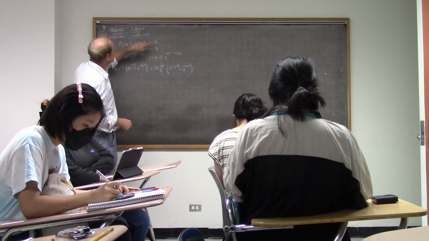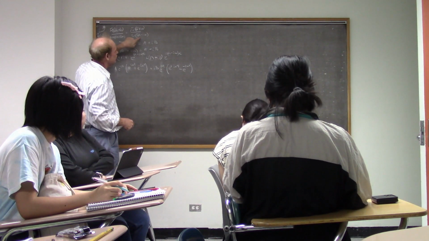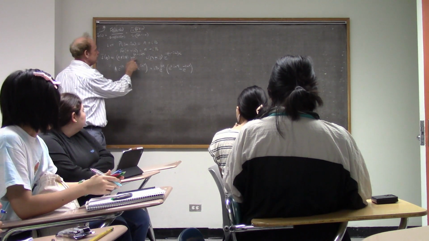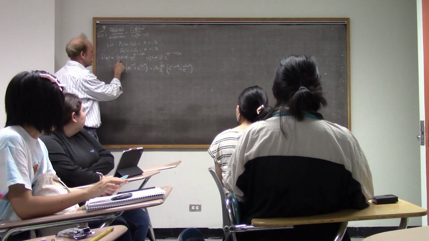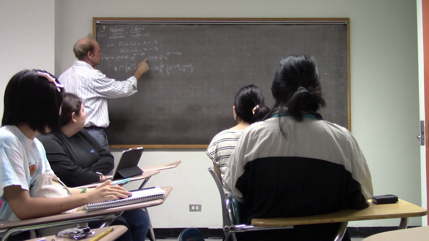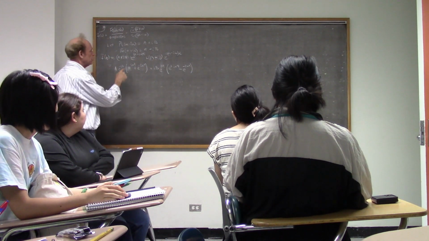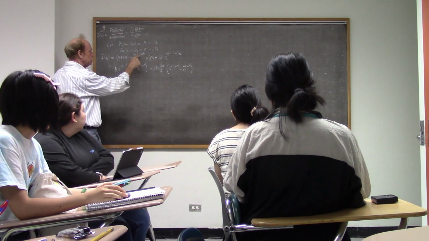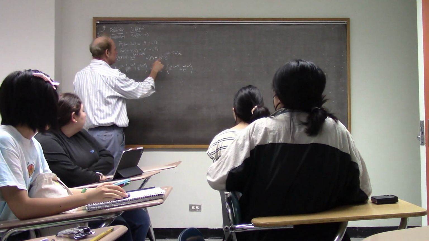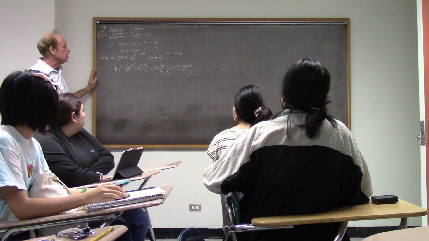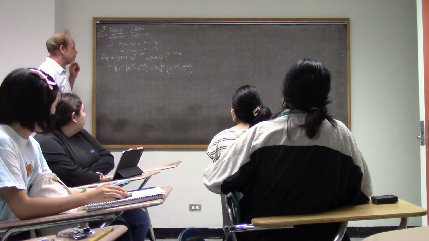And that times the exponential e to the alpha minus i omega times t. And now I factor out e to the alpha t from both of these. And here I have a times e to the i omega t plus a times e to the minus i omega t. And I have b times e to the i omega t minus b times e to the minus i omega t. Okay, so let's notice what these are.